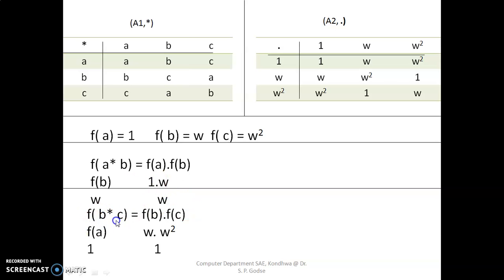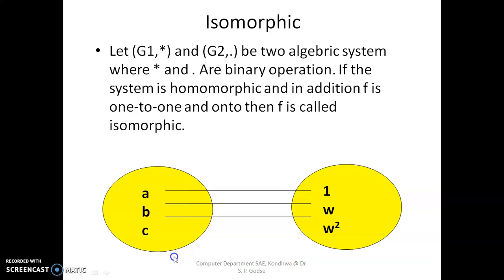Now f(b·c) should equal f(b)·f(c). By the matrix, b·c is a, so f(a) is 1. f(b) is w and f(c) is w², and w·w² is also 1. So it is also matching, the LHS equals the RHS.